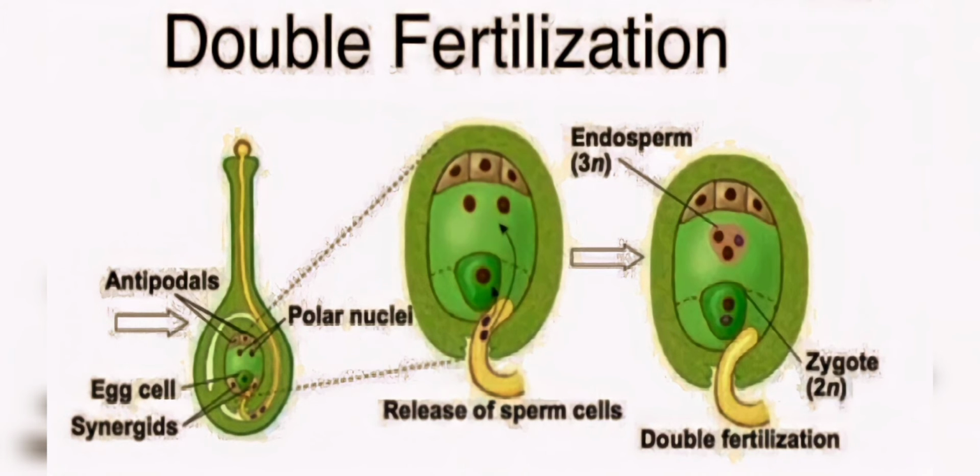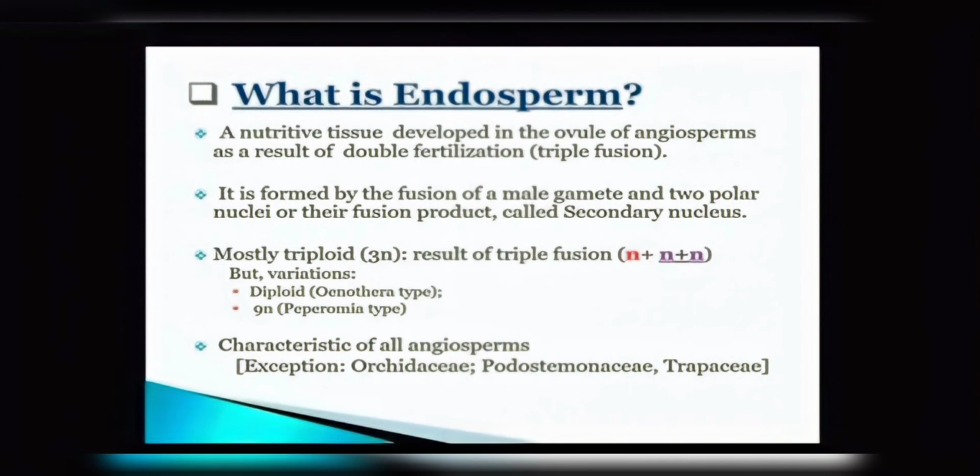So let us discuss one by one what the endosperm is. The endosperm is the nutritive tissue developed in the ovule of angiosperms as a result of double fertilization and triple fusion. We already discussed it.